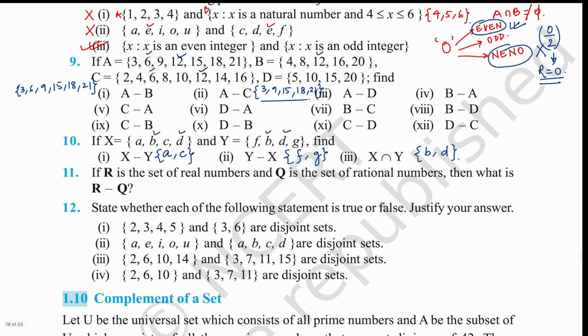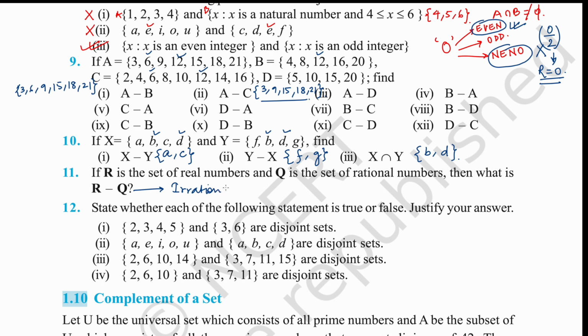Okay, let's see the 11th one. If R is a set of real numbers and Q is a set of rational numbers, then what is R minus Q? That means from the set of real numbers, you are removing all the set of rational numbers. So this will give you the set of irrational numbers, isn't it?